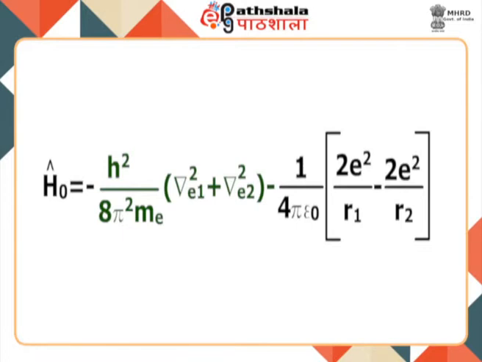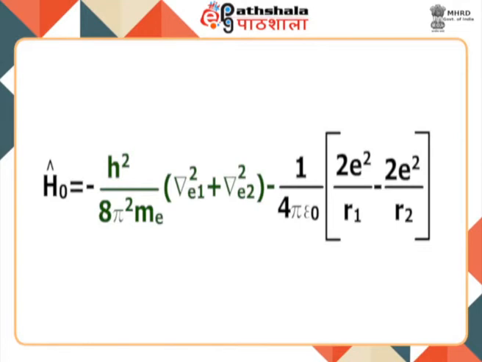So this is the corresponding Hamiltonian when the interelectronic repulsion term is neglected, and this becomes the Hamiltonian of an unperturbed system in our present case.